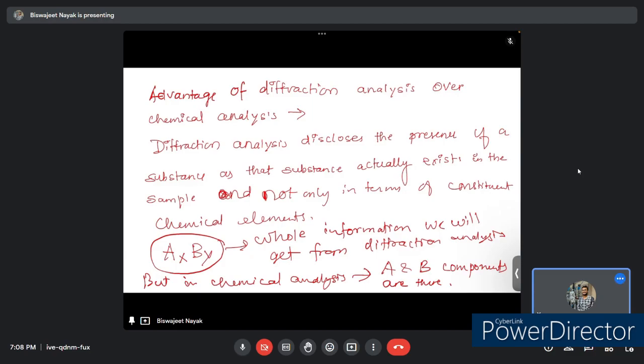So considering the basic principle for identifying these phases, the powder pattern of a substance is characteristic of that substance and forms a sort of fingerprint by which the substance is identified.